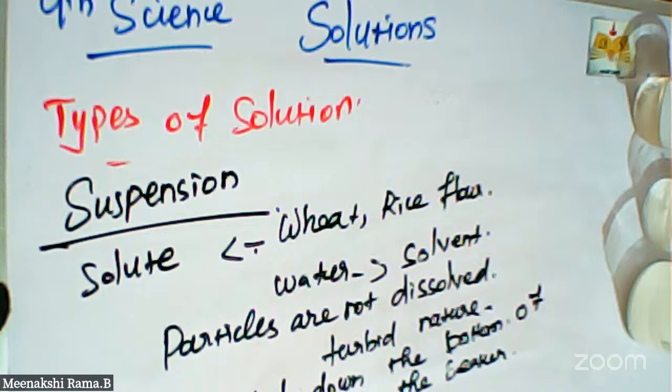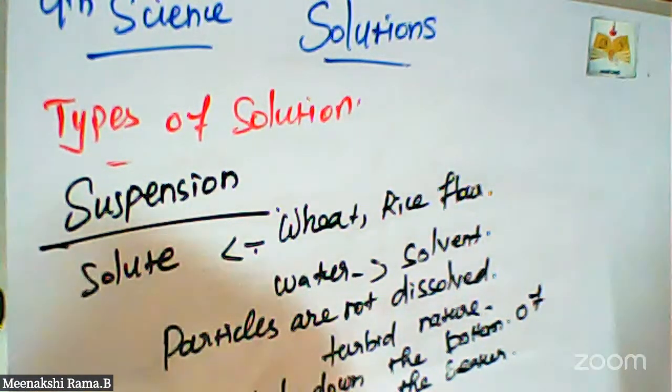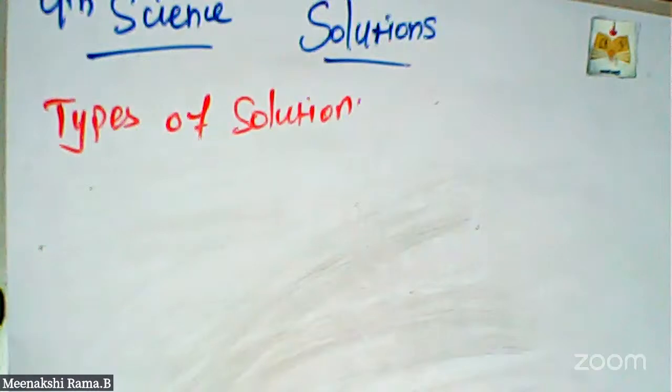Based on the physical state of the dispersed phase and the dispersion medium, we can classify the colloidal solution into 8 categories, such as solid in solid and solid in liquid.